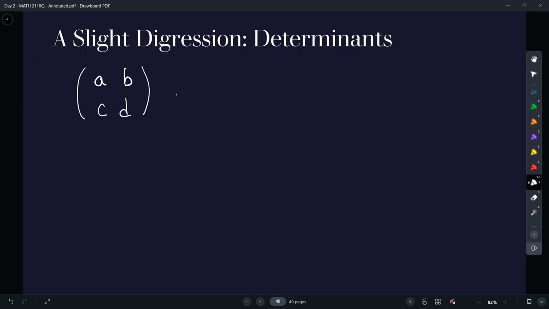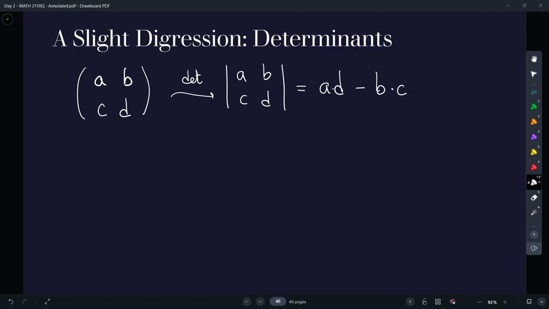And then the determinant, you calculate it by multiplying the diagonals and subtracting. So it's A times D minus B times C. Those are regular products of numbers. That's the determinant of a 2 by 2 matrix.